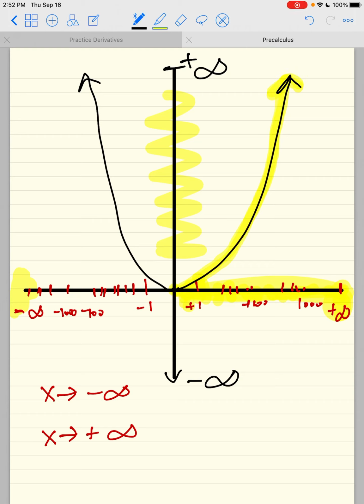So we're going to say y approaches positive infinity, okay? What happens on the left side as x approaches negative infinity? Well, as x approaches negative infinity, this graph also goes up. And therefore, it approaches positive infinity as well.